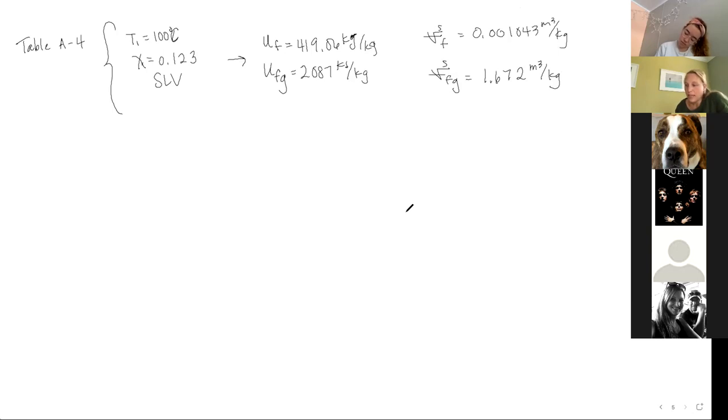For my ending condition, I would look up the same thing, but at 150 degrees Celsius, but I'm still told that I'm a mixture. So I don't need to go to a different table. I can stay in the same table and just move from 100 degrees to 150 degrees. Sorry, I didn't write down one of the volumes that I need.